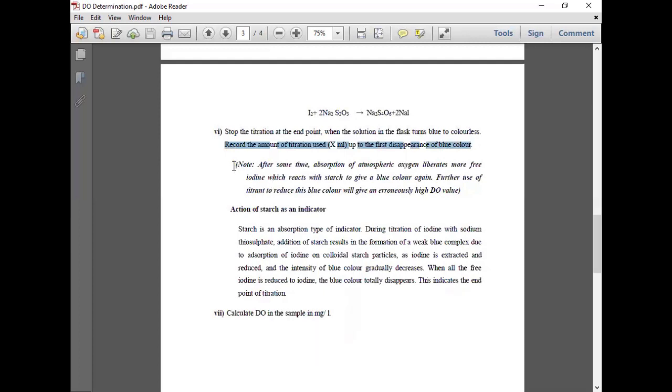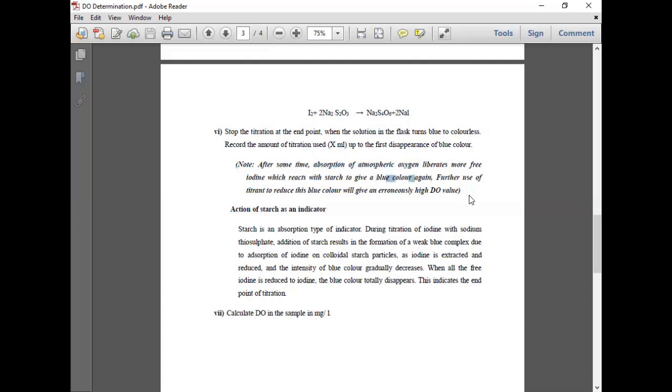There is a note that is written: after some time, absorption of atmospheric oxygen liberates more free iodine, which reacts with starch to give a blue color again. Further use of titrant to reduce this blue color will give an erroneously high DO value, which is to be avoided. So after your titration is finished and you get a colorless sample in the conical flask, if you keep it for some time, absorption of atmospheric oxygen again takes place, and because of that you will get the blue color again.